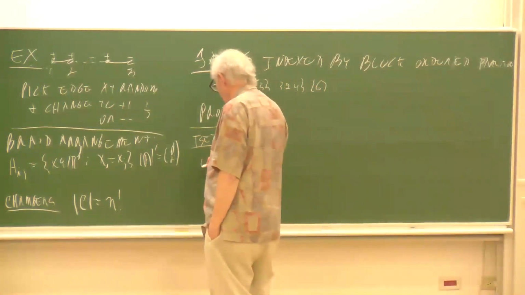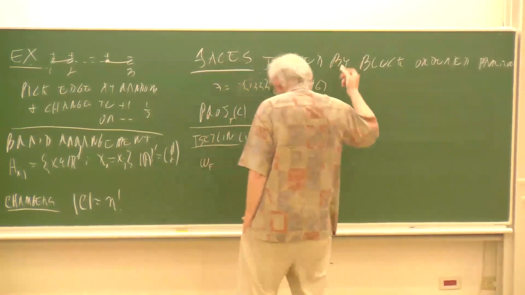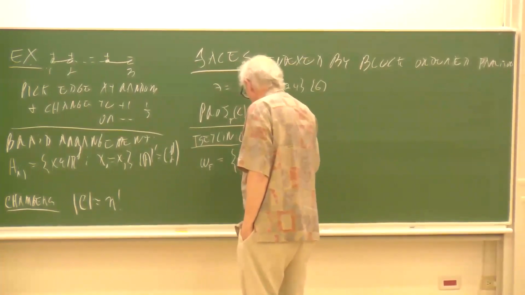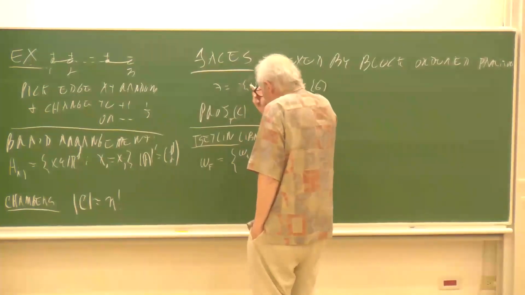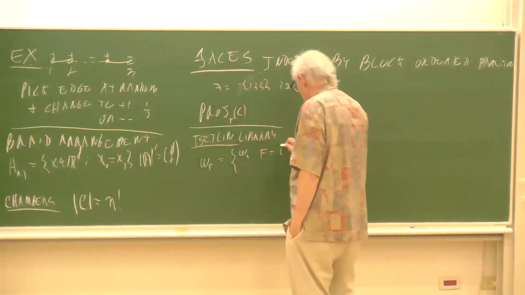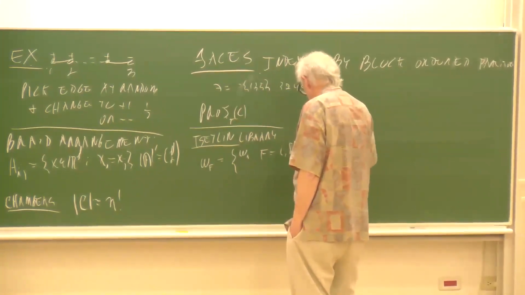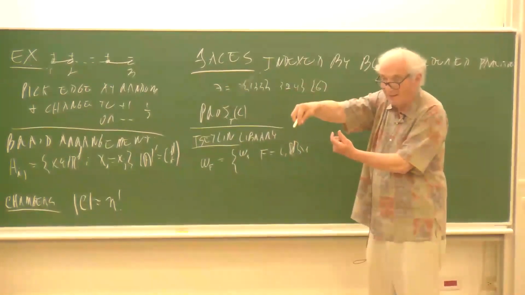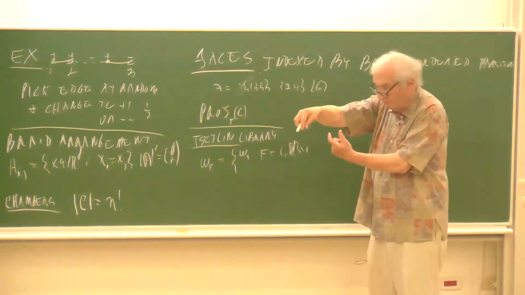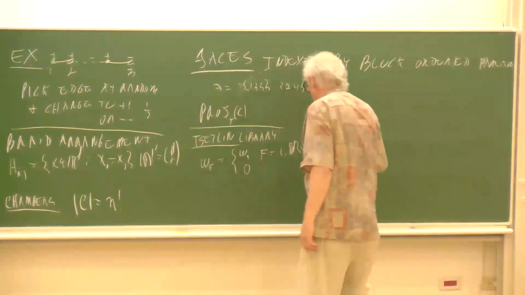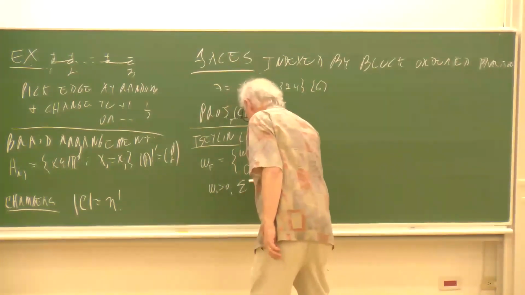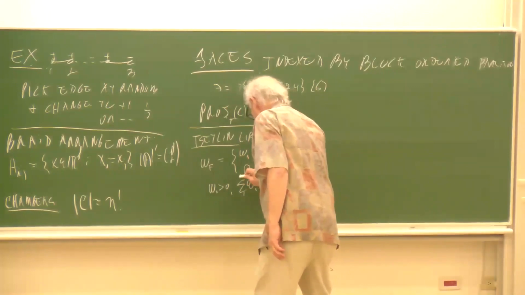So let W sub f, if f is a block-ordered set partition, be equal to W_i if f is a face with 2 blocks, one of which is the singleton i and the second block is its complement, d minus i, and 0 otherwise, where the W_i are positive, and the summation of W_i up to d is equal to 1.